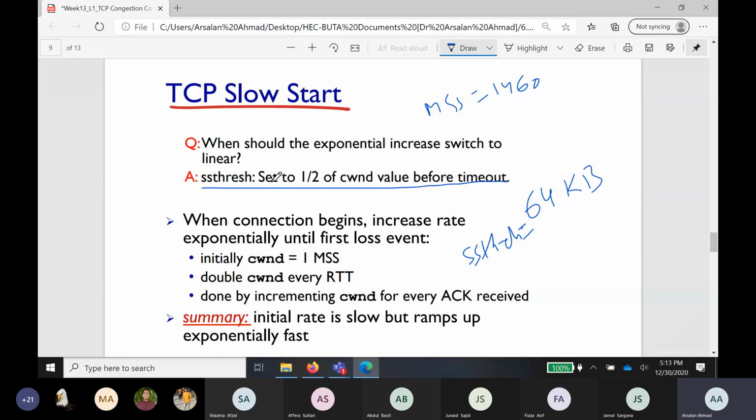We will set the slow start value to half of the congestion window value before the timeout. So after this initial value, whenever a timeout occurs, whenever a packet loss is detected, we will set the slow start value to half of the cwnd value when the timeout occurred. Let me just give you an example.